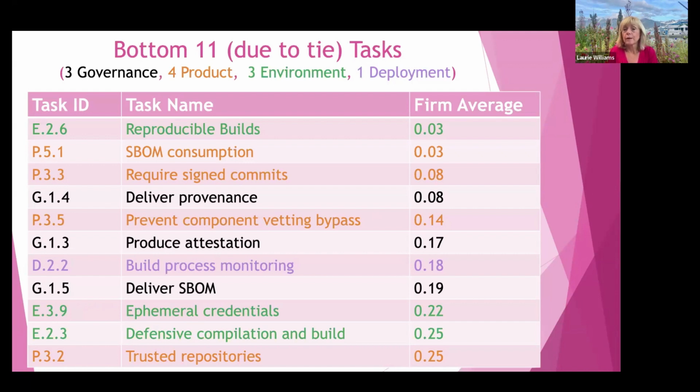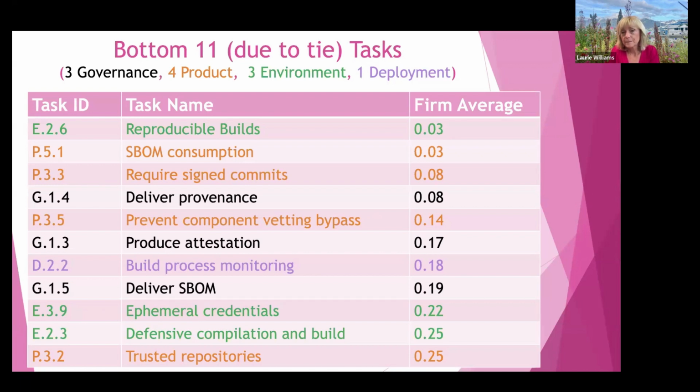So if there is a process for vetting components, how easy is it to bypass that process? The answer was pretty easily. Produce attestation, build process monitoring. So, are people checking to see if, like with SolarWinds, people are in their build process?